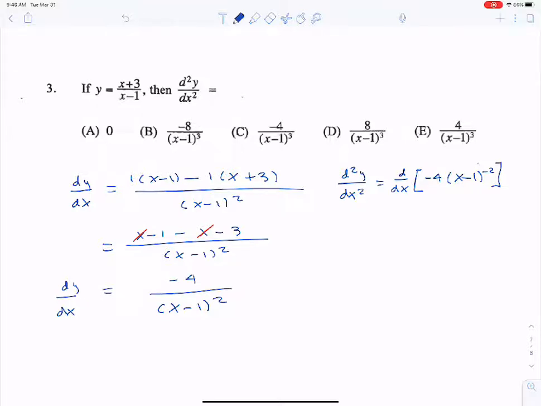Chain rule. I'll answer your question in just a minute, but let me finish this up here. So let's see what we get here. So from here, applying the chain rule, I get negative 4 times negative 2 is positive 8. X minus 1, lower the exponent by 1, so negative 3. So we get 8 over x minus 1 cubed.